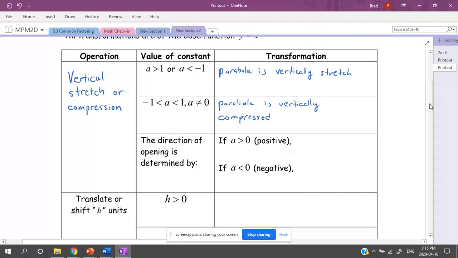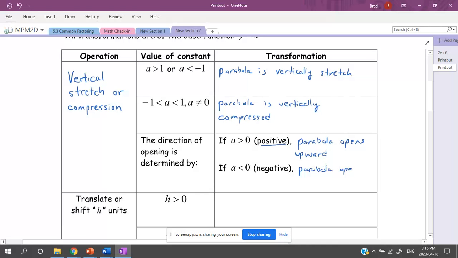As well, you may have noticed that whether A is positive or negative makes a difference. If A is greater than 0, in other words, if it's positive, then the parabola opens upward. I like to think of that as if it's positive, then it's smiling. And if A is negative, less than 0, then the parabola opens downwards.